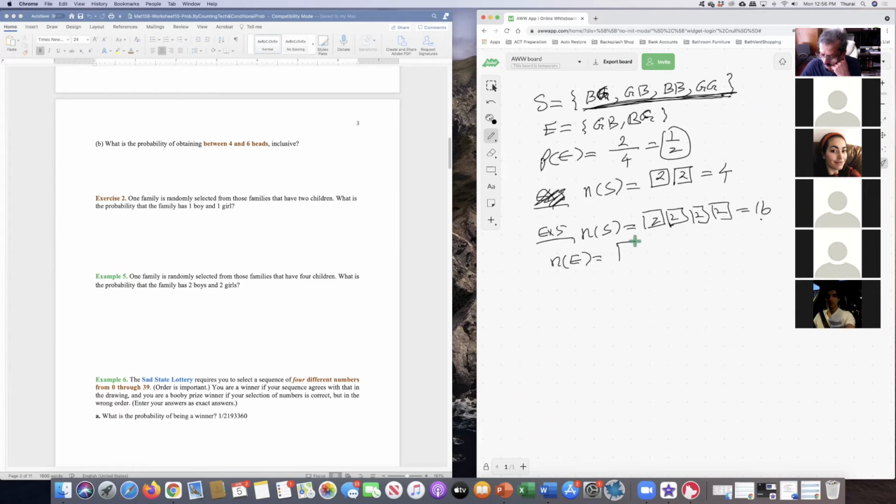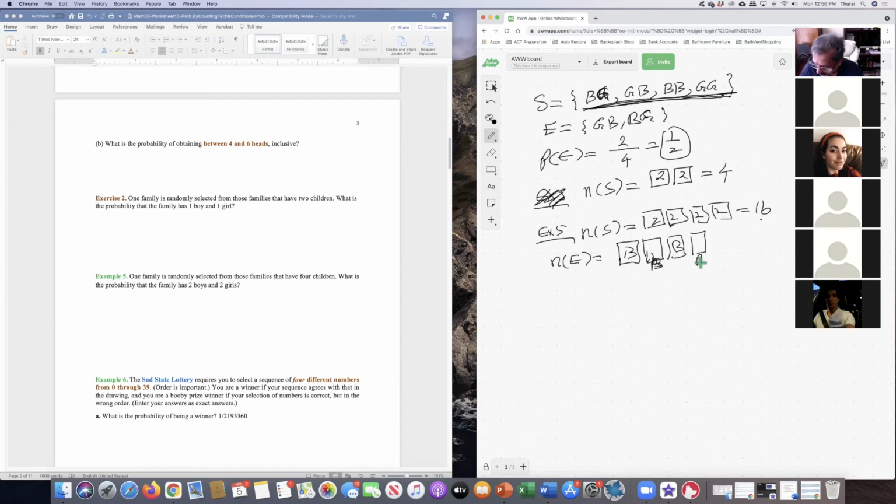Combination of 4, comma 2, right? Right, combination 4 comma 2, very good. Because that's exactly the same as asking in these 4 boxes, in how many ways can I place 2 B's? The other ones will be G's. So B and B here will be 1, B and B here and B here will be another.